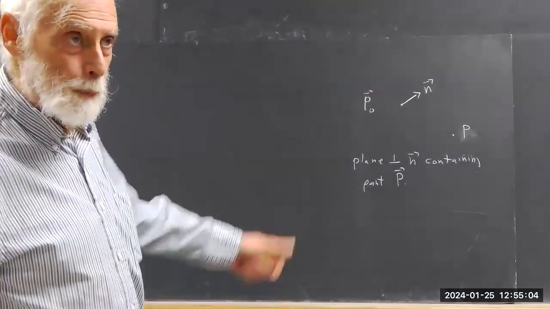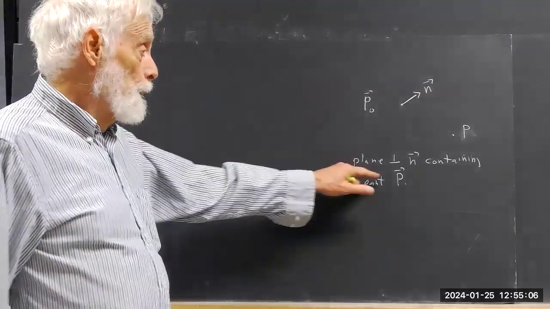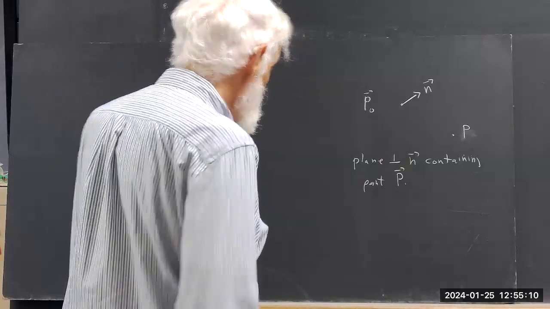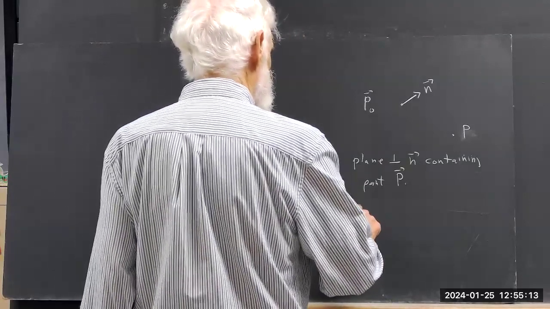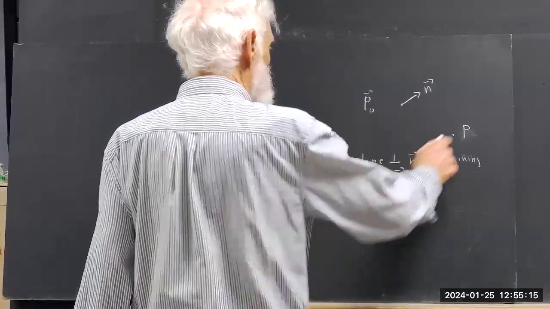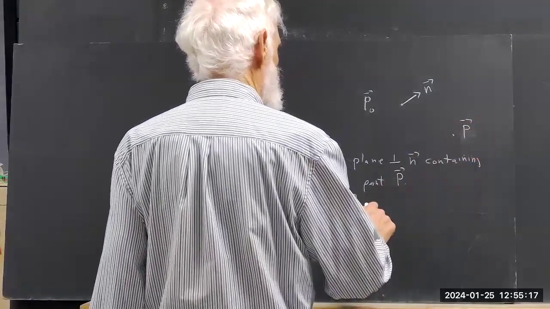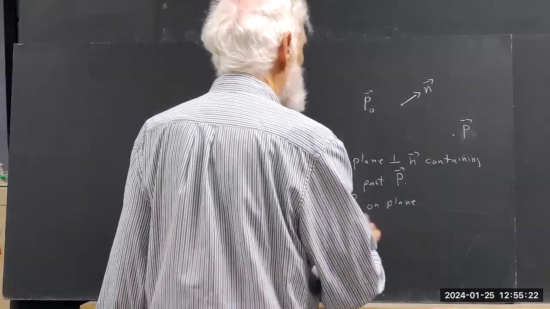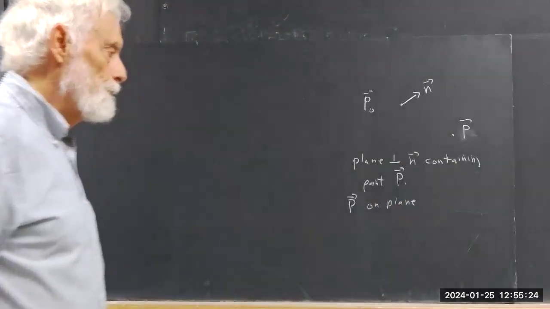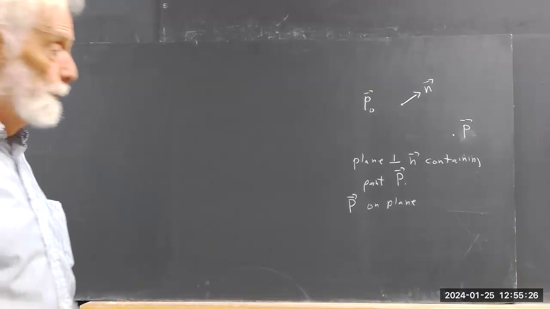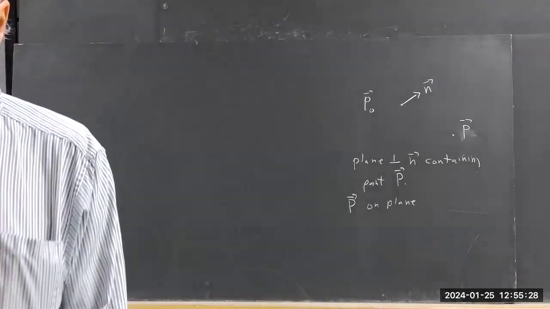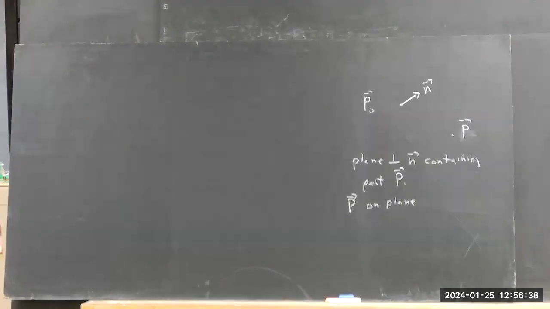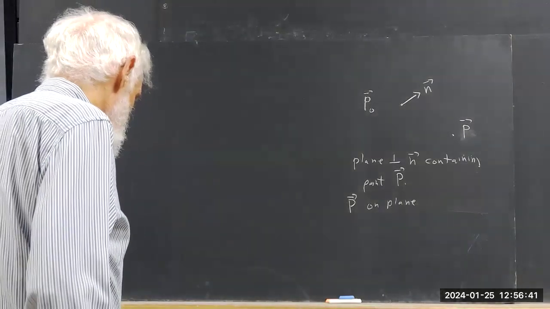Put an equation for the plane perpendicular to M containing the point P naught. Point P is on the plane. What's the condition for the point P to be on the plane?